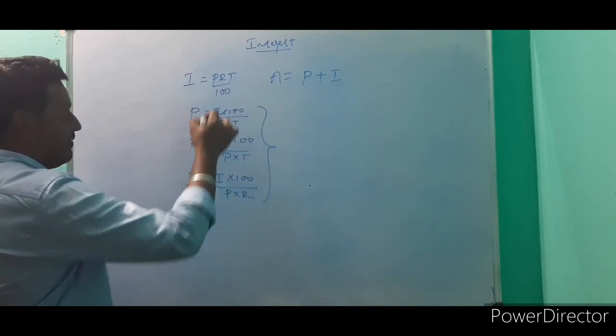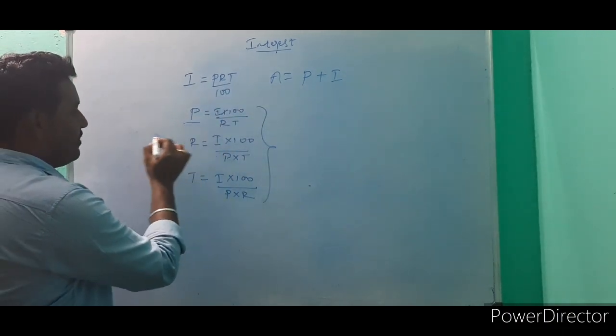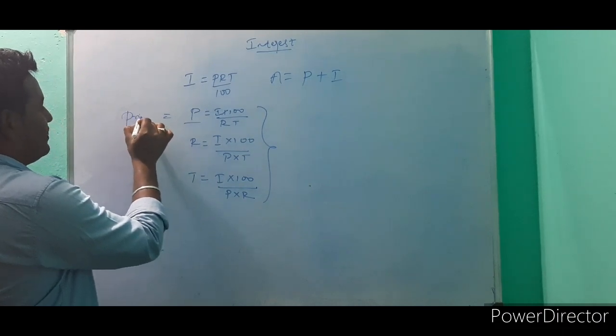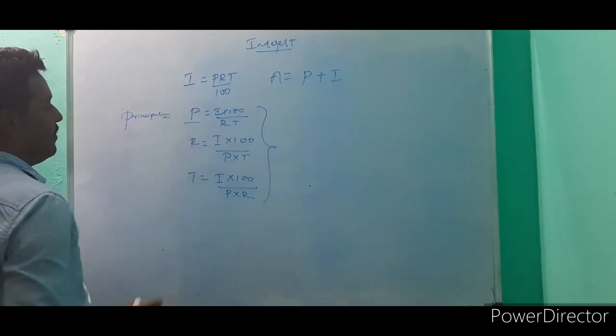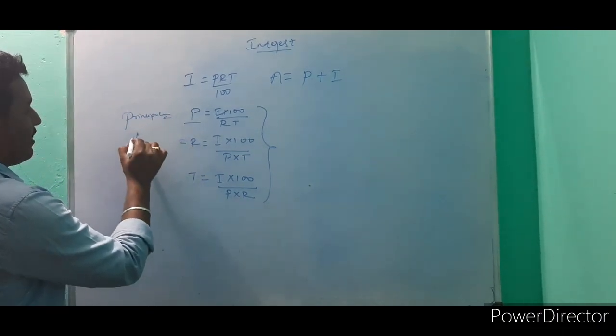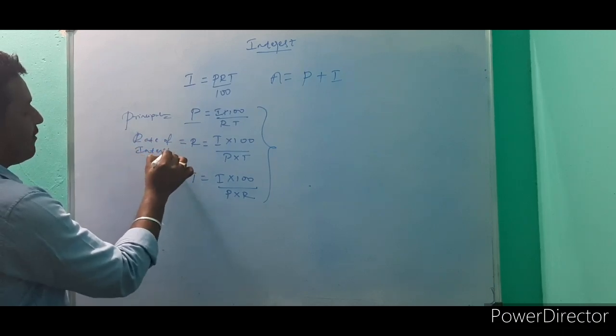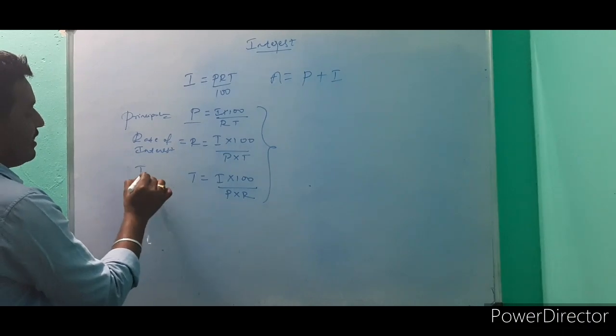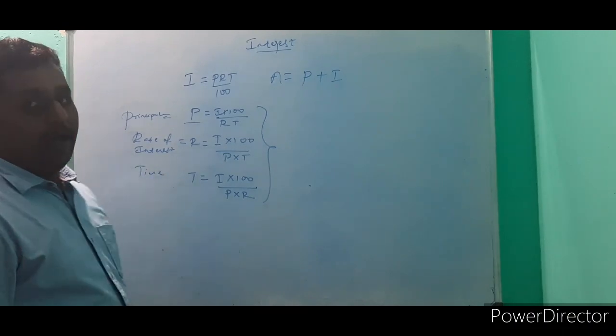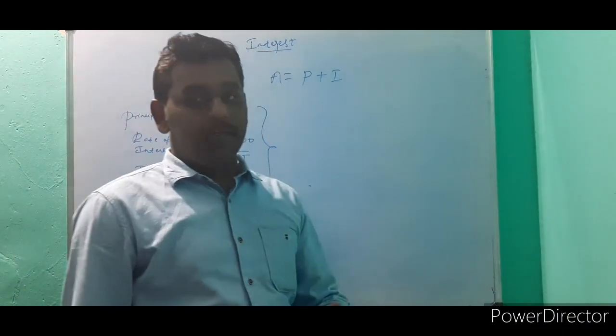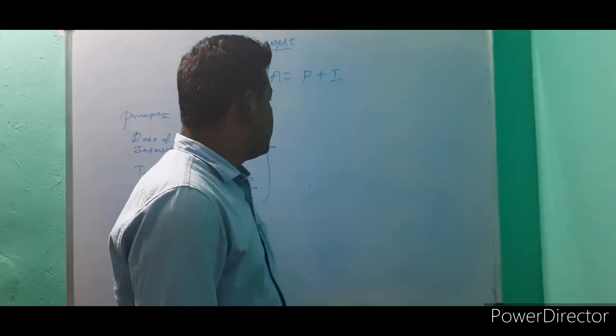So you can interchange the formula. You can find principal, that is the principal amount, and this is the rate of interest, and this is the time taken, per year or per month, as I told in our last class also.